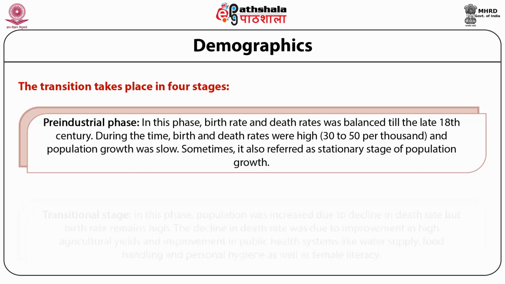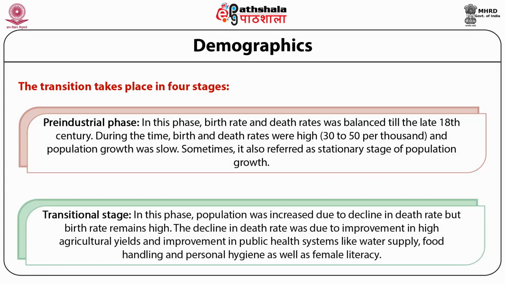Second is the transitional stage. There is increase in population due to decline in the death rate. The decline in death rate is due to improvement in food, agricultural yield, and public health system.